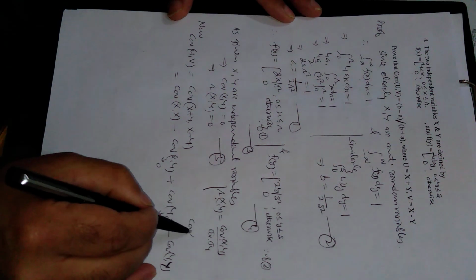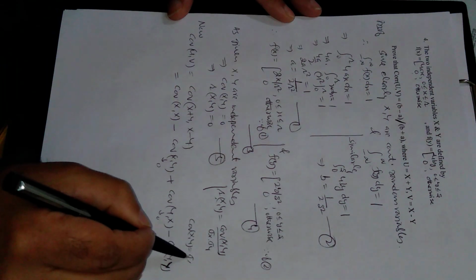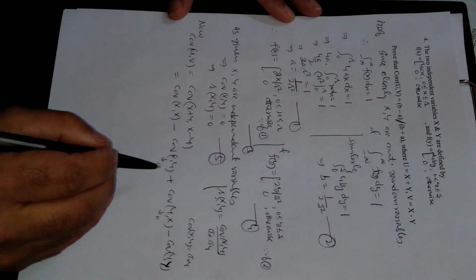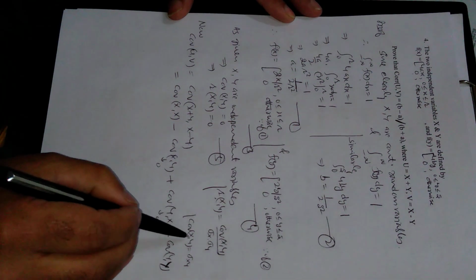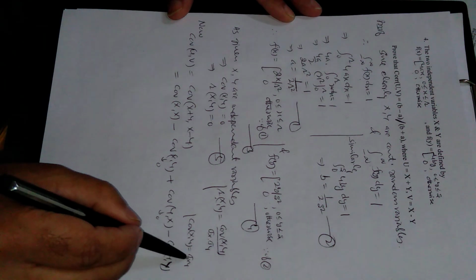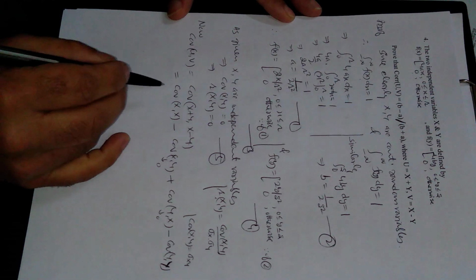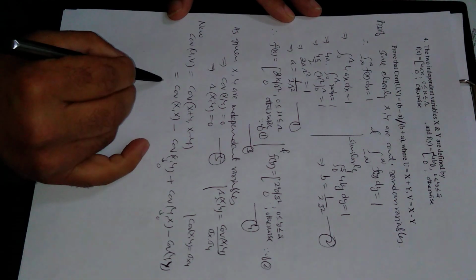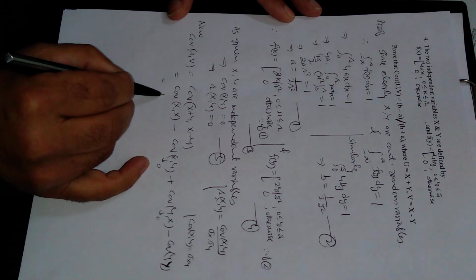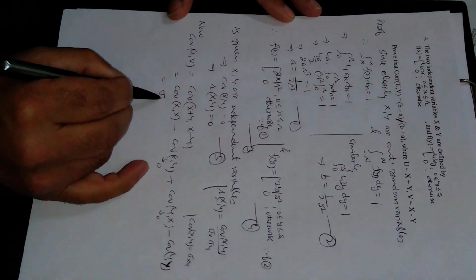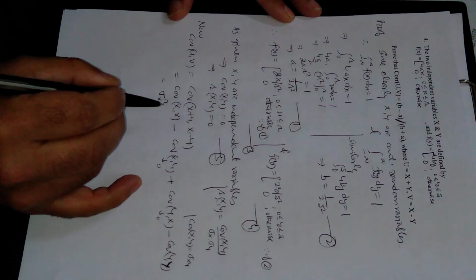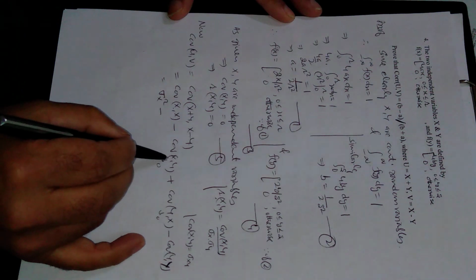The covariance between x and x: the covariance between x and y is sigma x times sigma y with the correlation, and if x and y are the same, this will be only the variance, the standard deviation with respect to x squared. So this is now the variance with respect to x. This is 0, this is 0.